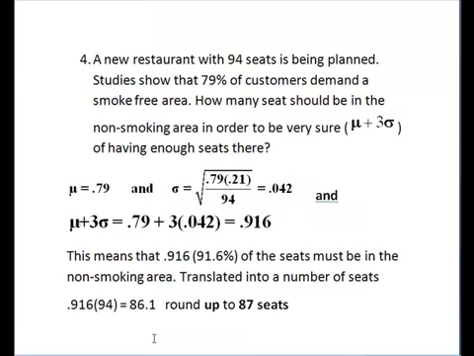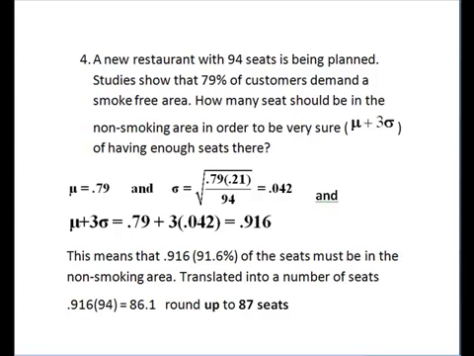Problem 4. A new restaurant has 94 seats. Studies show that 79% of the customers demand a smoke-free area. How many seats should be in the non-smoking area to be very sure, and by very sure we mean 3 standard deviations away from the mean, of having enough seats there?